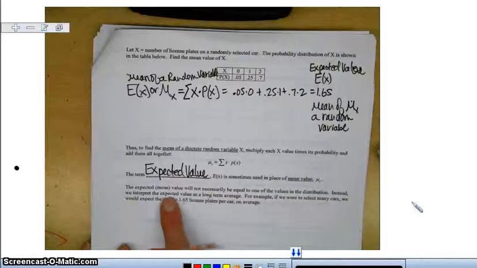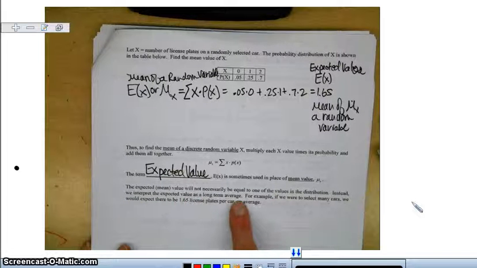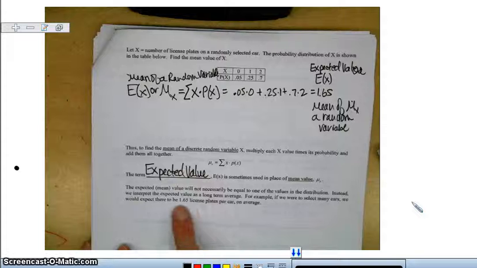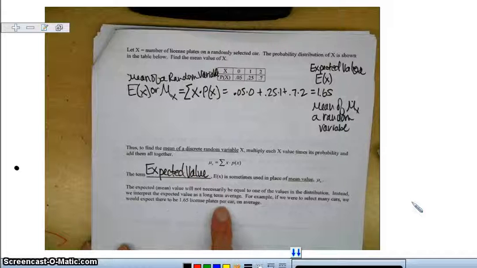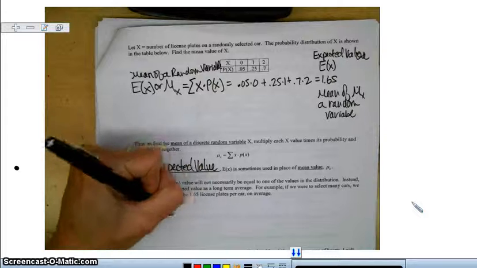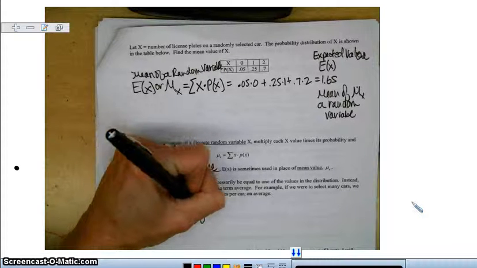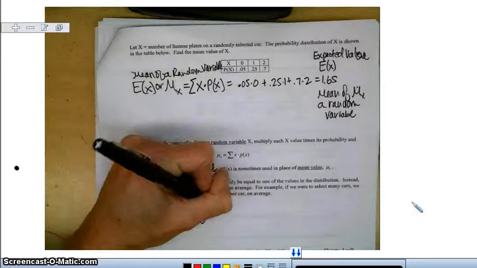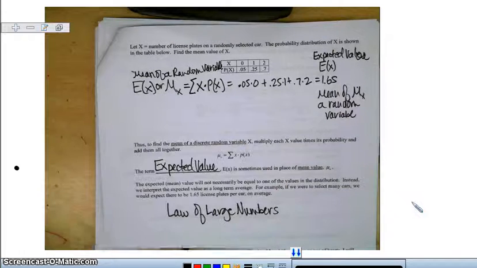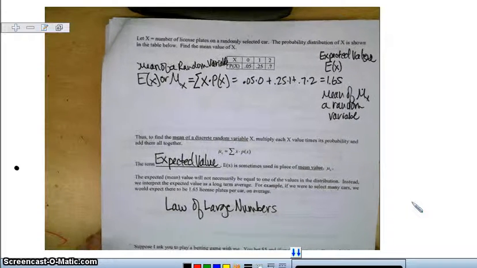Instead, we interpret the expected value as a long-term average. For example, if we were to select many cars, you would expect there to be 1.65 license plates per car on average. This goes with the law of large numbers. You just do things repeatedly, and you're going to end up with that correct percentage or probability.